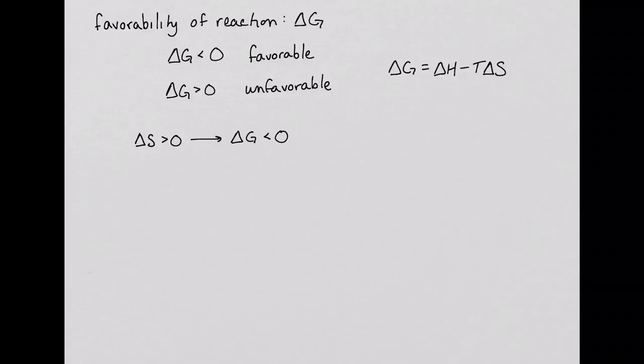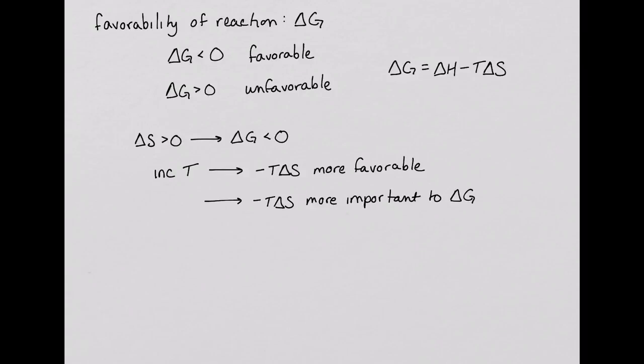In addition to this, increasing the temperature does a few things. It makes the term negative T delta S more favorable as the temperature gets larger. As temperature increases, the term negative T delta S becomes larger and more negative, making delta G more negative. In addition, increasing the temperature makes the term T delta S more important to the overall value of delta G. In other words, as the temperature increases, the size of the change in entropy becomes more important than the size of the change in enthalpy.